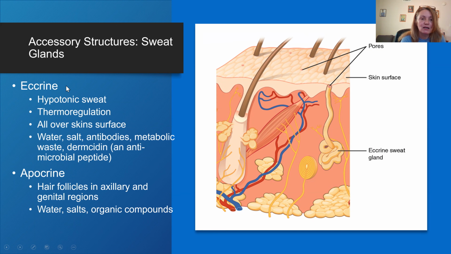So eccrine, your whole body is covered by eccrine sweat glands, with very, very few exceptions, but those produce hypotonic sweat. So very low concentration of salt. So it's pretty much watery substance.